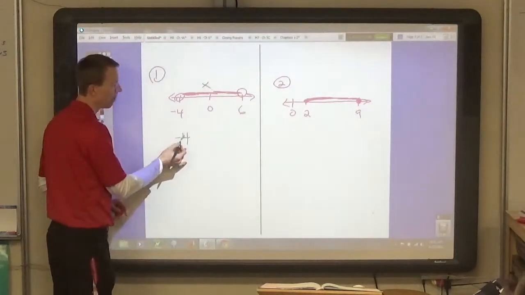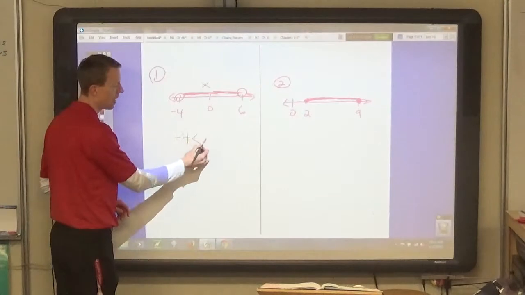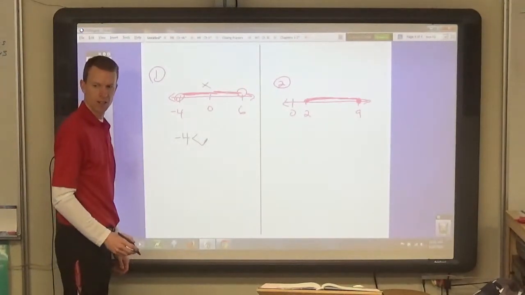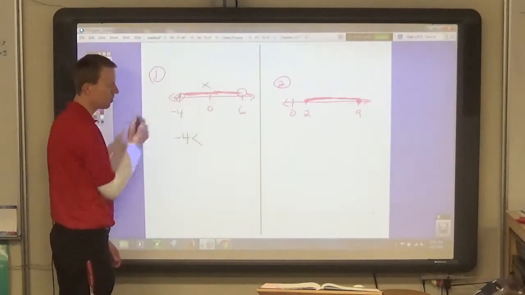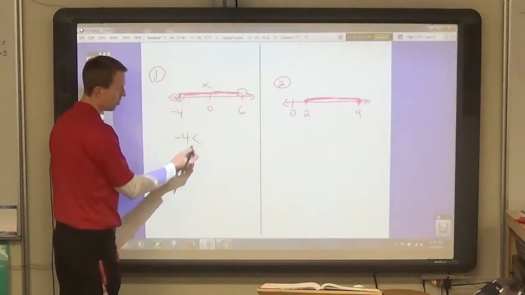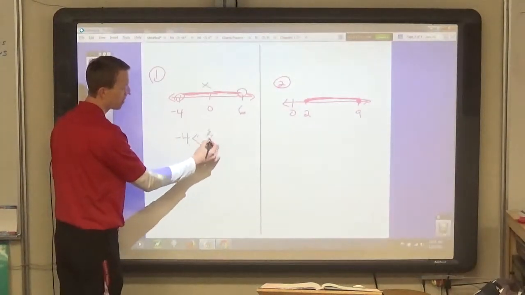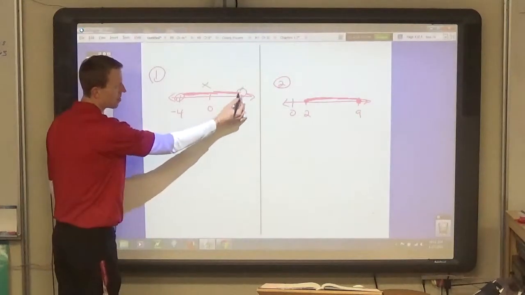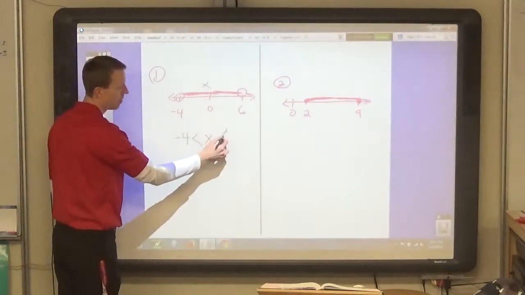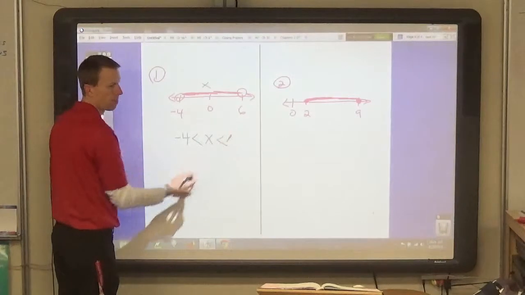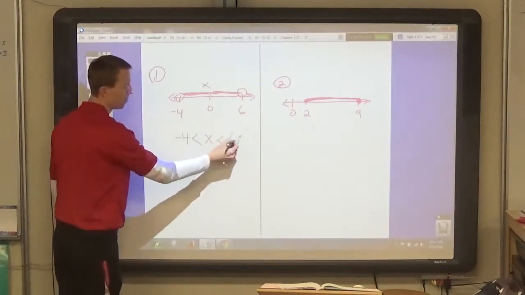So -4 is less than, or equal to? No, just less than. Negative 4 is less than x, which is less than 6.